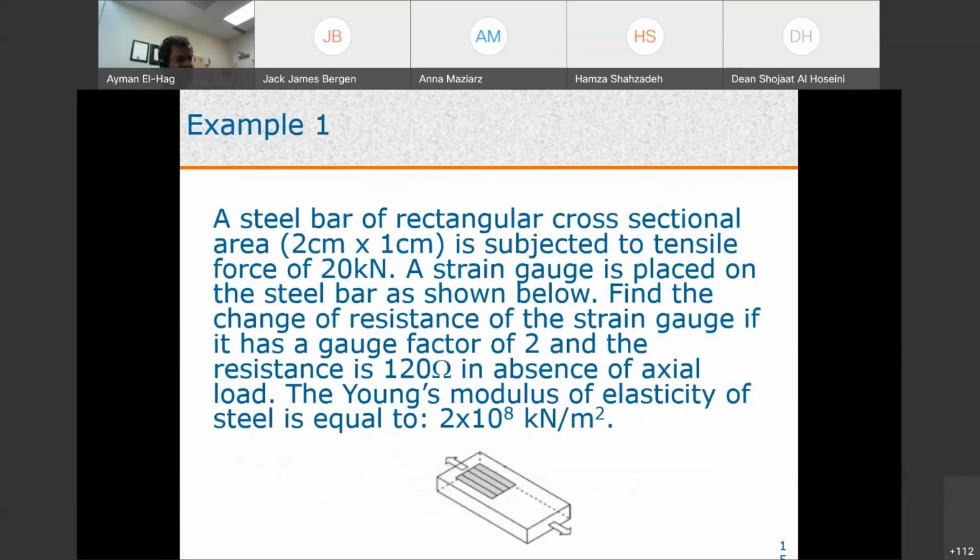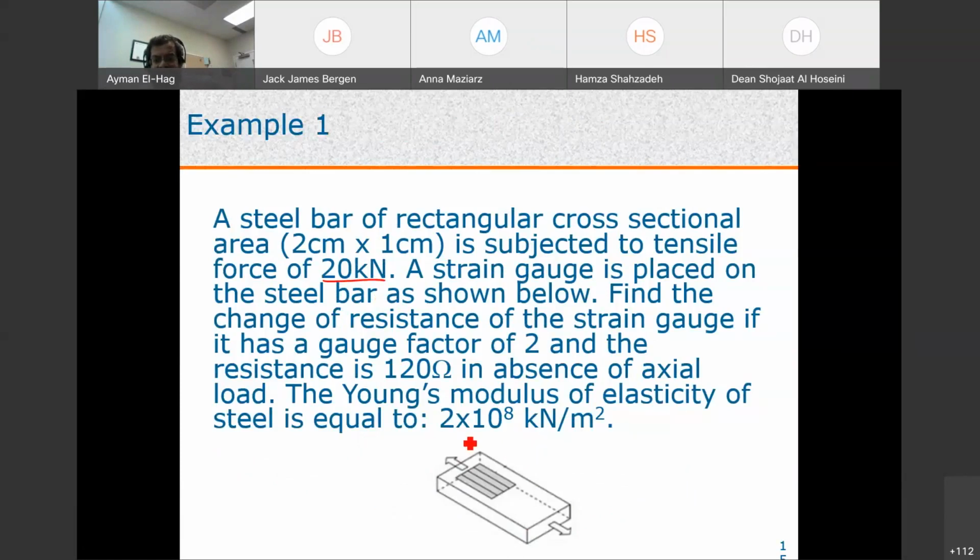Let's see this straightforward example. I have a steel bar with a cross-sectional area of 2 by 1 centimeter, subjected to a tensile force of 20 kilonewton.